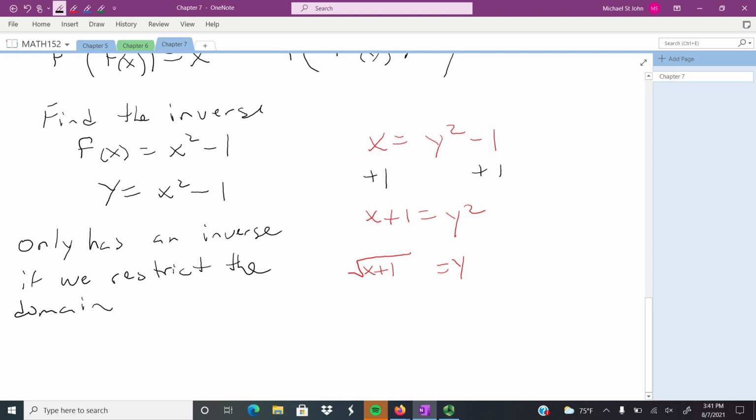I can look at either this part of the curve or this part of the curve. Then it would be one-to-one.